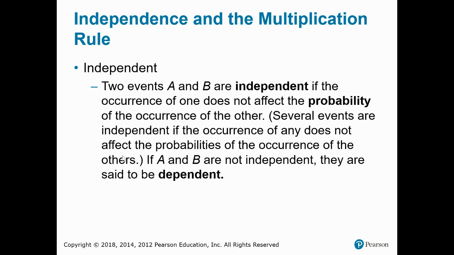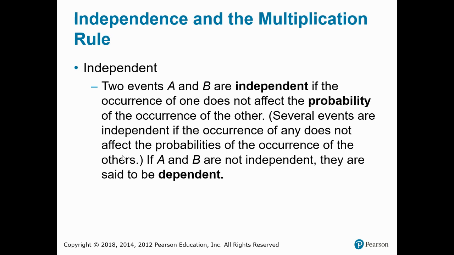Independent events are when they do not affect one another. Event A does not affect the probability of event B. That would be a case where there is replacement. So if it's independent, event A does not affect event B's probability.